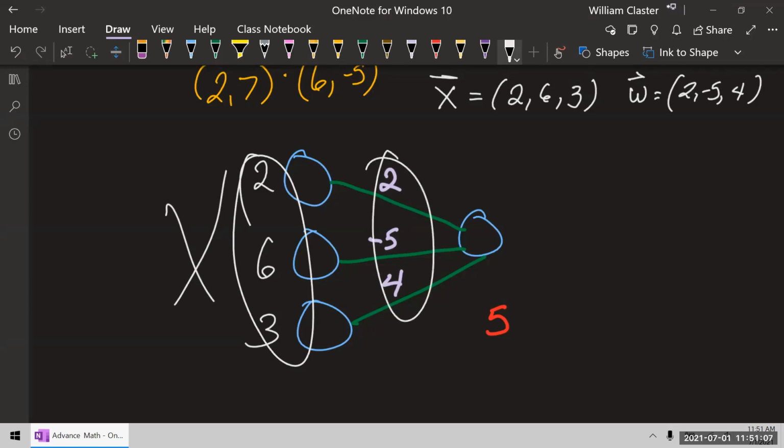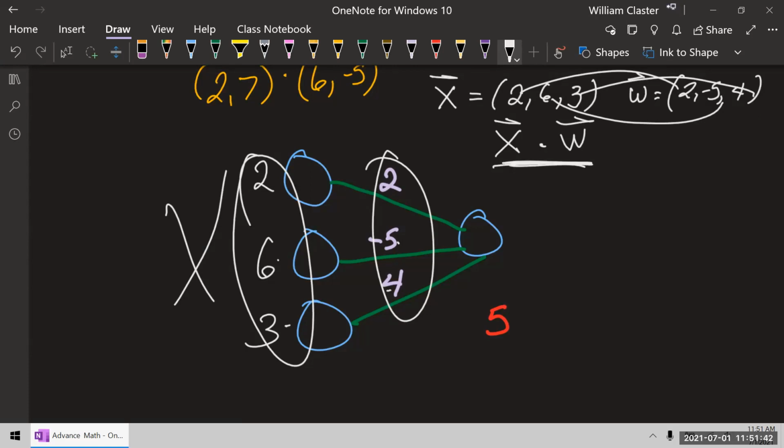Now, Kabirajan said that we're supposed to multiply 2 times 2, 6 times this, and that times that, which means we should do the dot product of the x vector times the w vector, right? When I do that, I multiply this times that, and this times that, and add them up, which is what he said we should do. So we can just express all of that with this.